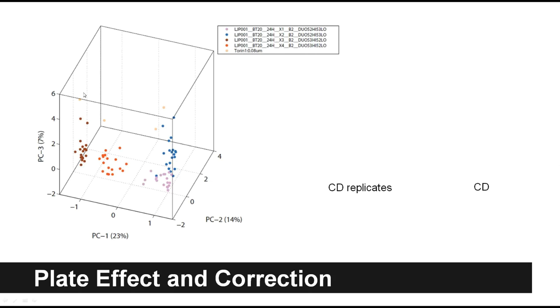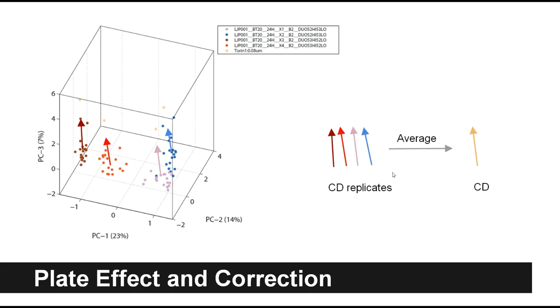So you cannot use all the experiment replicates and compare them against all the control replicates to compute the characteristic direction. Instead, we compute one direction for each replicate on each plate, using all the controls in the plate and the single experiment replicate in that plate.